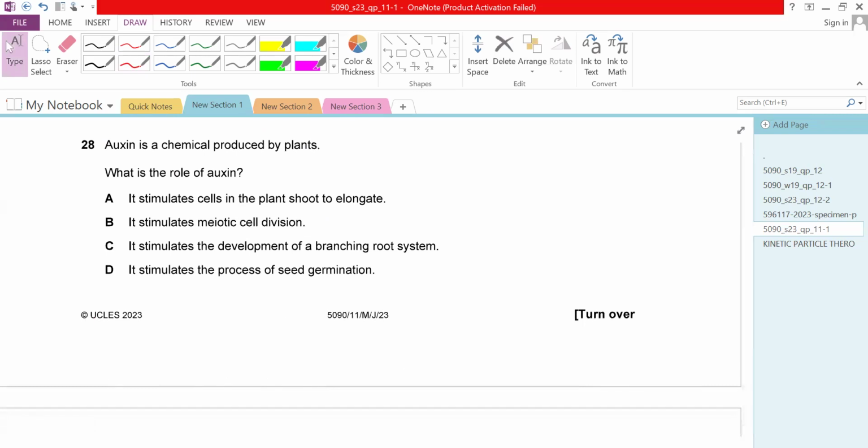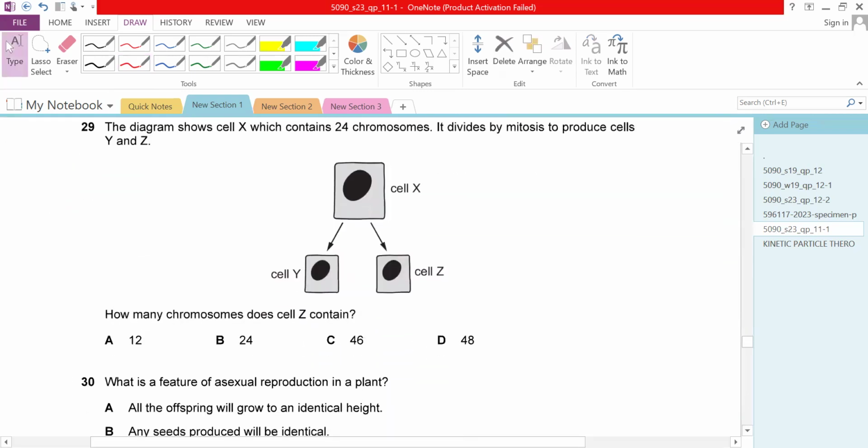Question number 28. Auxin is a chemical produced by plants. What is the role of auxin? It stimulates the cells in the plant shoot to elongate. Yes. So auxin is responsible for cell elongation, or you can say the bending of the cells. So option A is correct for question number 28. Question number 29.